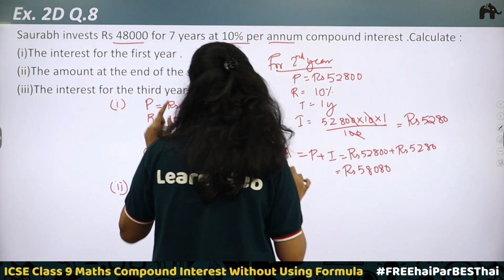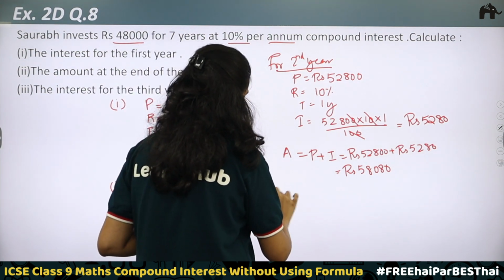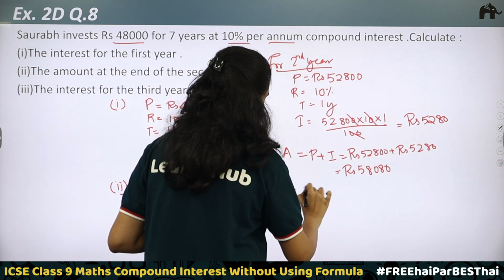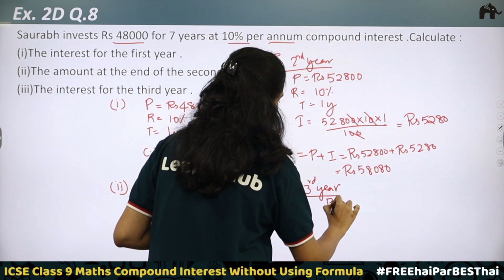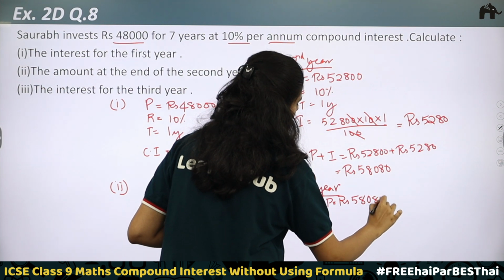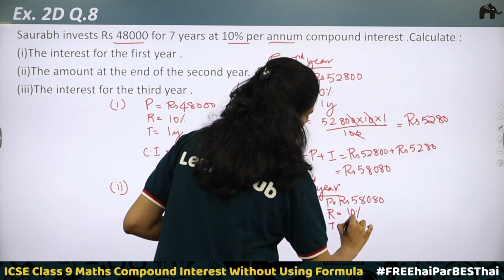Now, we have to find the interest for third year. That is third part of question. To find interest for third year, the principal is rupees 58,080. Rate of interest is 10%. Time is 1 year.